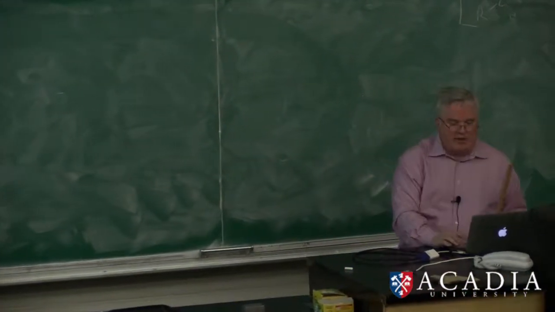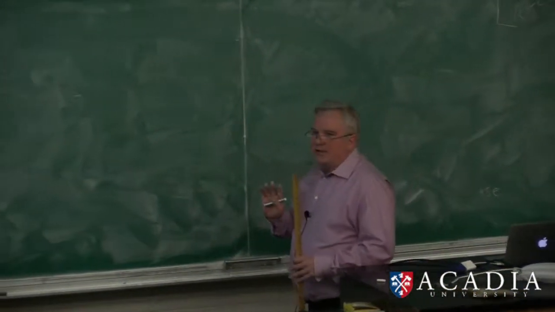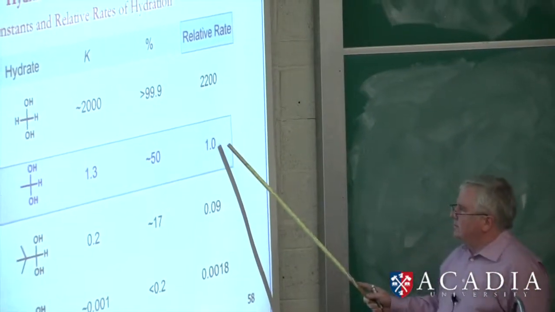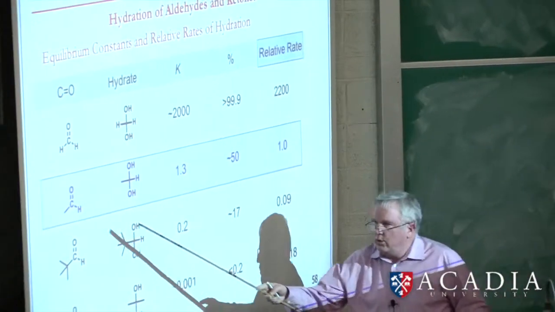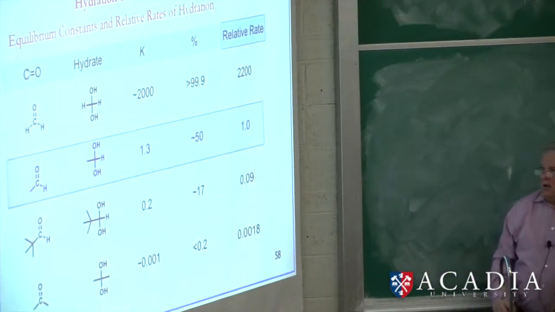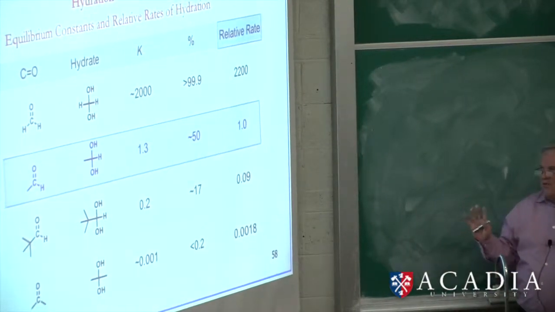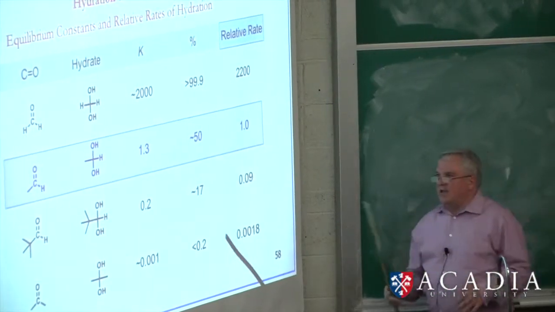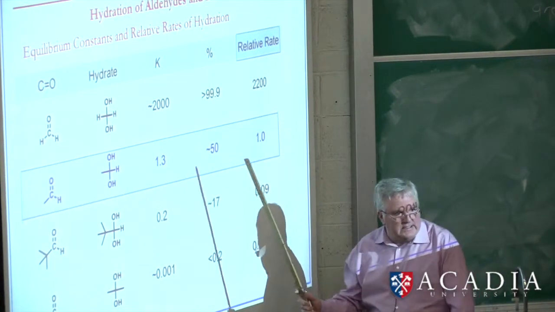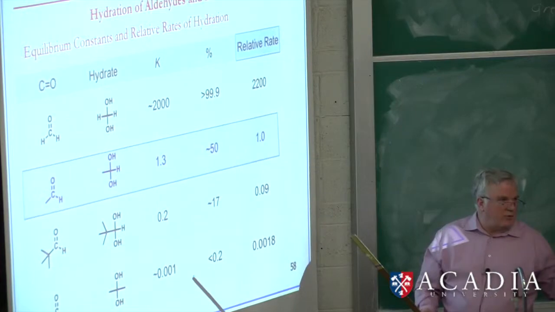So as I mentioned, take a look at this chart when you look at your notes. When we're talking about relative rate, this is what it's relative to, which is acetaldehyde. Acetaldehyde exists almost 50%, it's actually slightly greater, as the hydrated species in an aqueous solution.